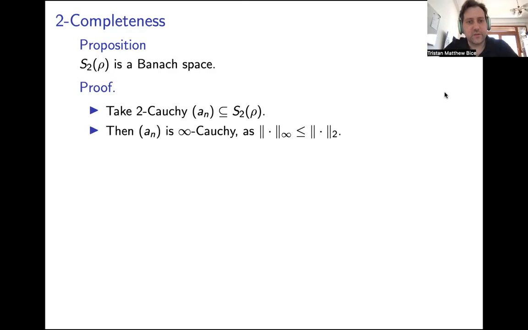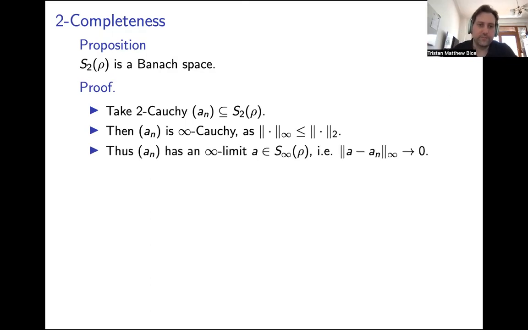In particular, if it's 2 Cauchy, then it has to be infinity Cauchy, because the infinity norm is dominated by the 2 norm. As we just mentioned, this means there is indeed an infinity limit, which is just the limit within each respective fiber of all those values. Or put in other terms, the infinity norm of a minus a_n goes to 0.